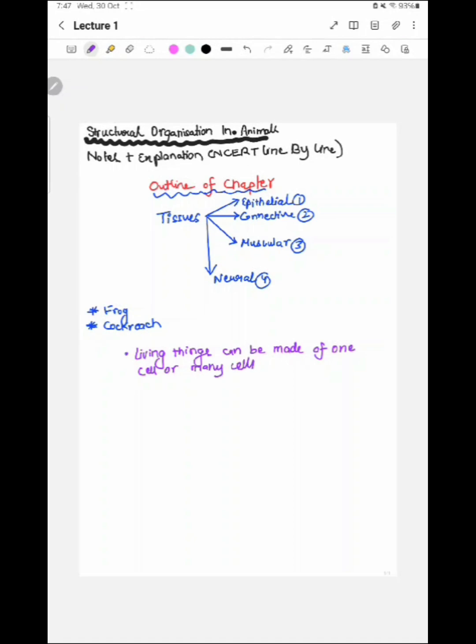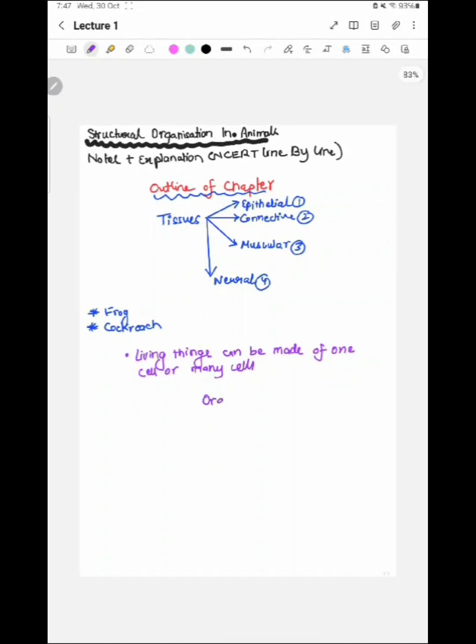Living organisms are basically classified into 2 types. One is unicellular and number 2 is multicellular.